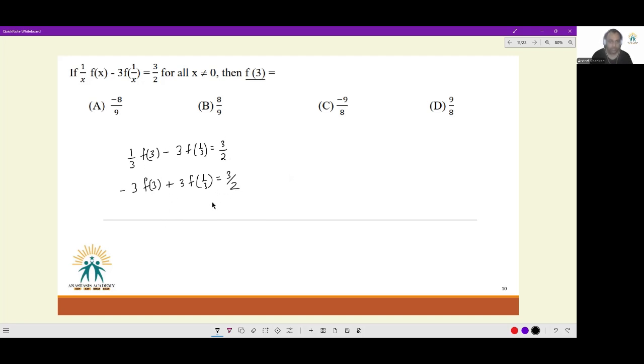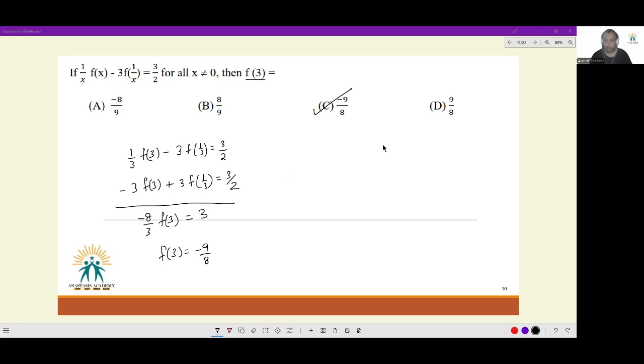So we simply add these two up. When we add these two up, we get minus 8 by 3 f(3) is equal to 3 by 2 plus 3 by 2, which is 3, or f(3) is equal to 9 by minus 8, or minus 9 by 8, which is what the question finally demanded of us. The answer to this question will be minus 9 by 8.